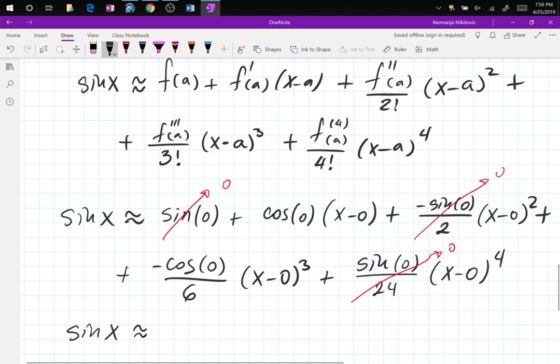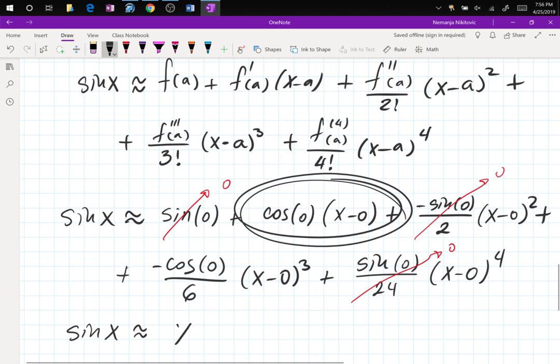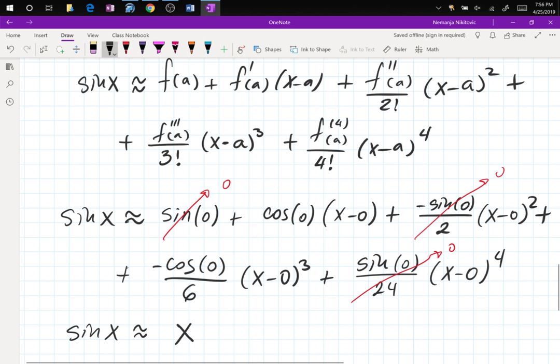So this whole term is just x. Do we all agree? What else survives? What's cosine of 0? So negative 1 over 6. So minus x cubed over 6, right? I can replace sine x with x minus x cubed over 6.